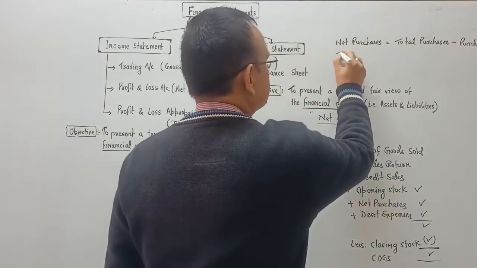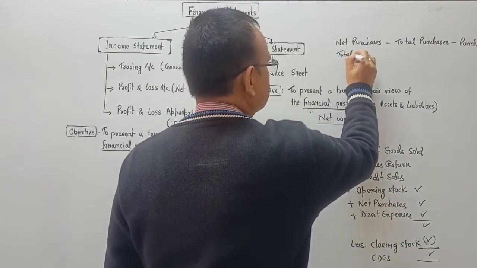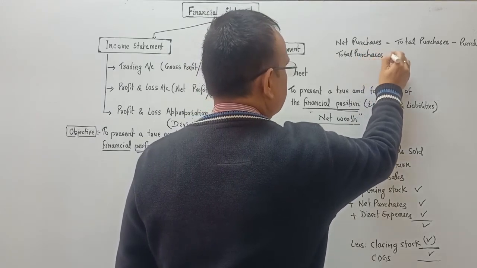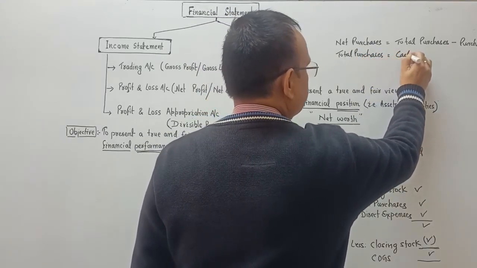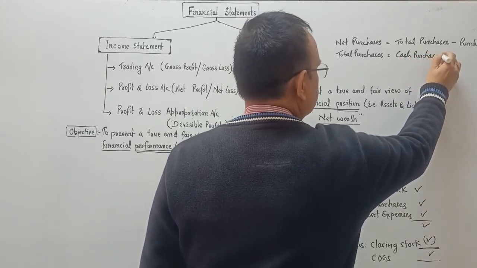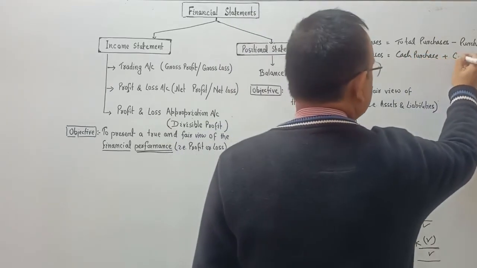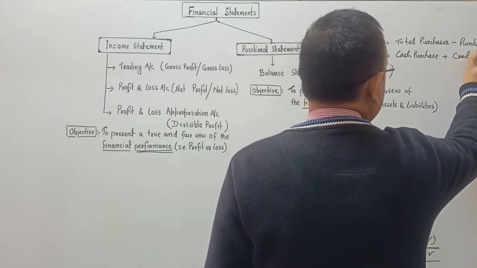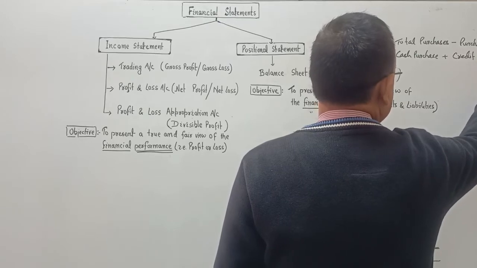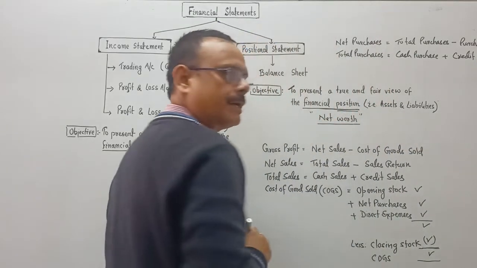So what is total purchase? Total purchase means cash purchase plus credit purchase. So cash plus credit purchase is equal to total purchase.